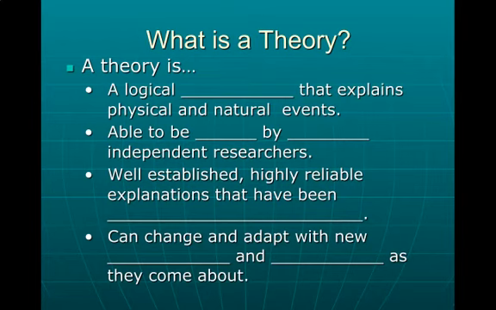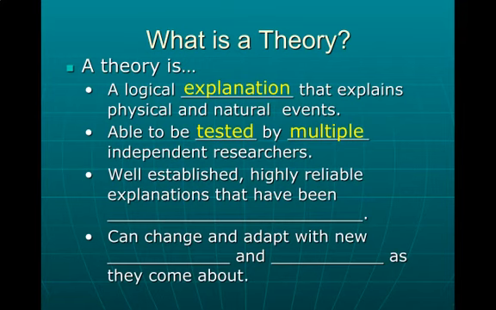Okay, so after talking about hypotheses, we're going to look at a theory. A theory is a logical explanation that explains physical and natural events. You have to be able to test it by multiple independent researchers. So that means it's not just an experiment that I did, it's something that was tested by multiple people.